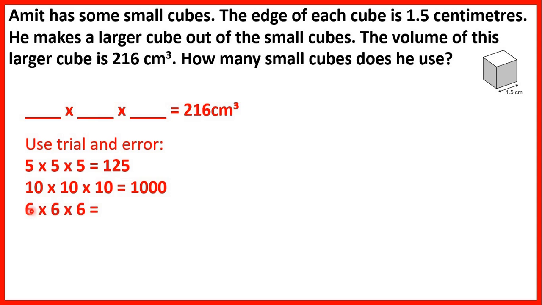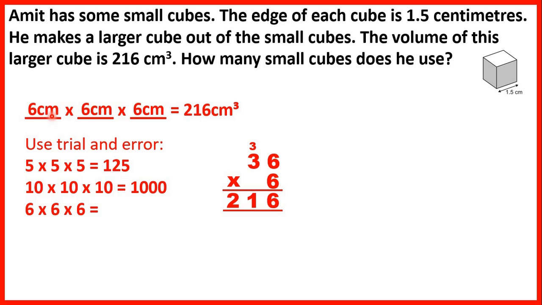So let's try 6 times 6 times 6. 6 times 6 is 36, and then 36 times 6 is 216. So that means his larger cube has side lengths or edges of 6 centimetres.